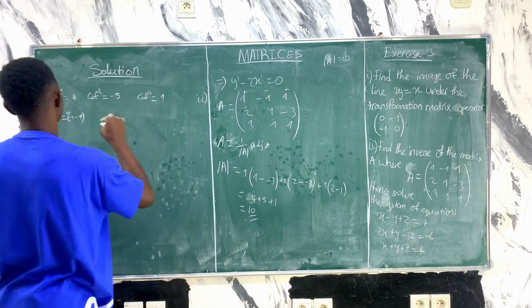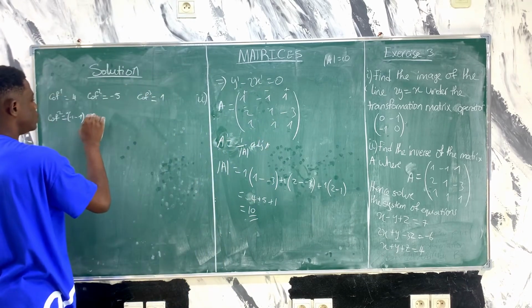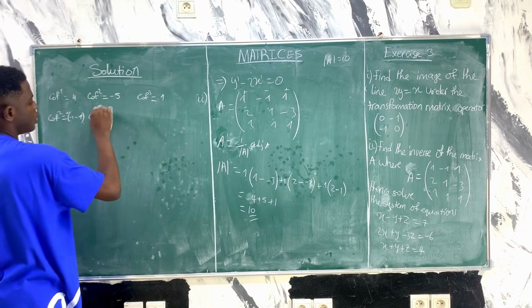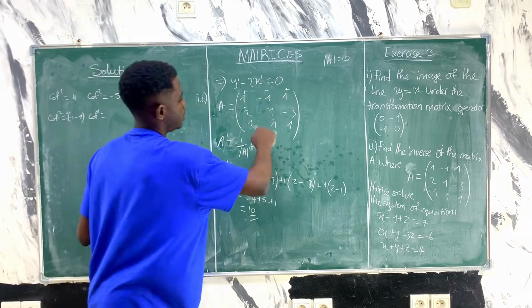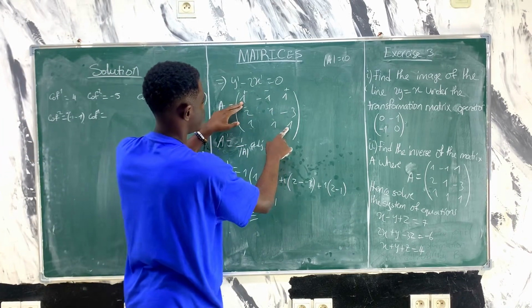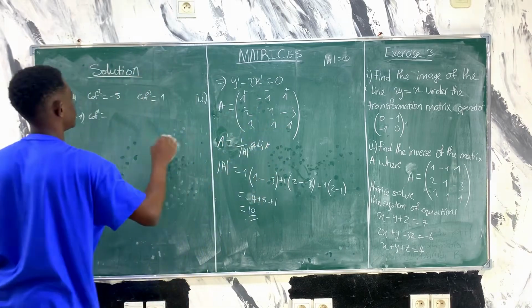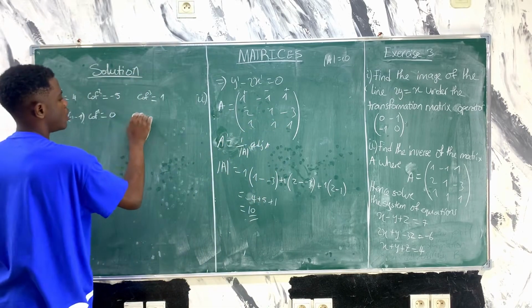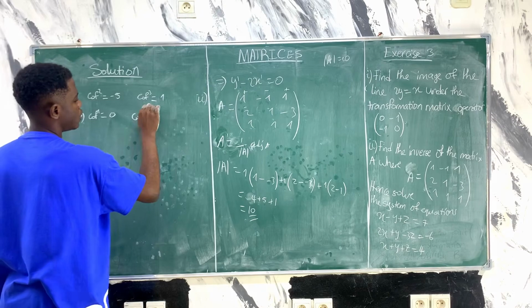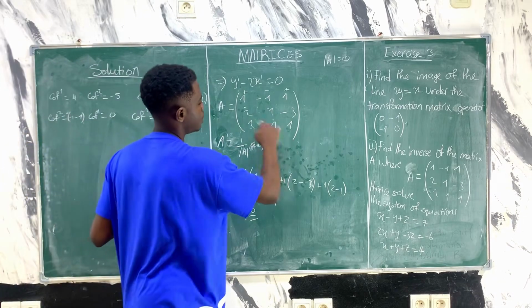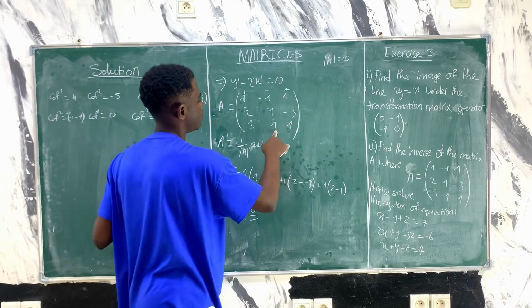Cofactor at 1. You cancel here and here, you have 1 times 1, which is 1, minus 1 times 1, which is 1. So it's 0. Cofactor at minus 3. Cancel here and here, you have 1 times 1, which is 1.